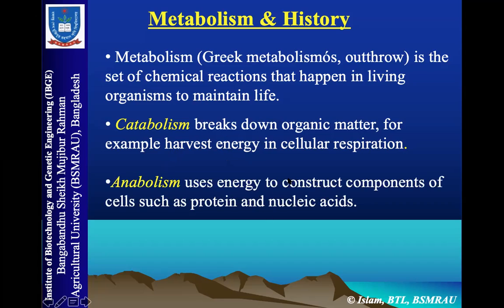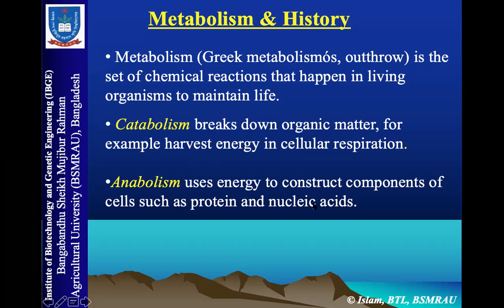Anabolism uses energy to construct components of cells, such as protein, nucleic acids. That means, in the cell, structural or functional biomolecules, big molecules like protein. Protein is a structural molecule in the cell, as well as nucleic acids like DNA, RNA, synthesized from the small molecules using the energy in the cell, and it is called anabolism.